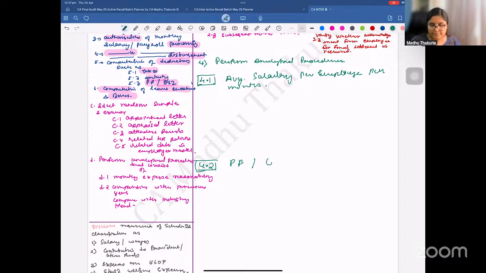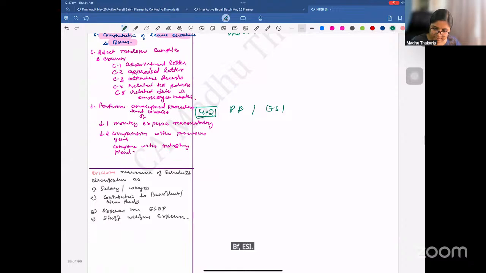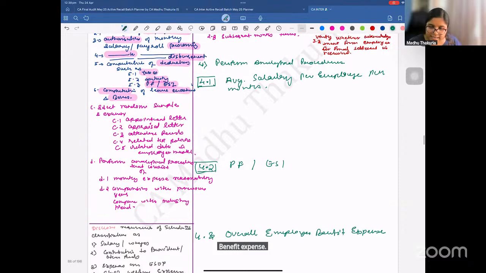PF, ESI is the second one. Third, overall employee benefit expense. So perform this analytical procedure.